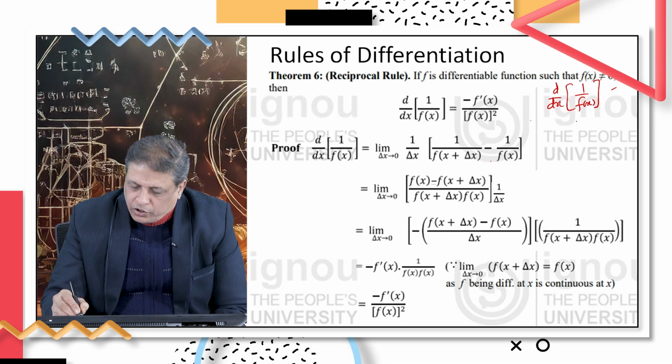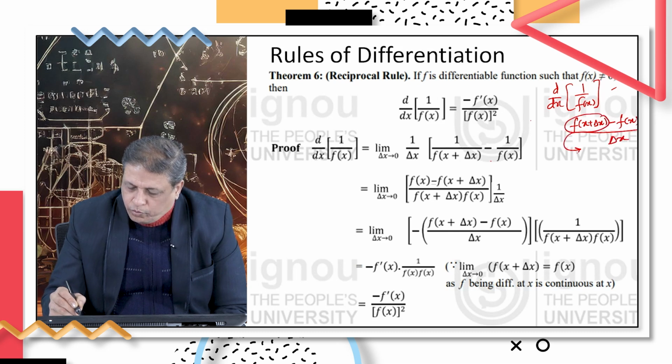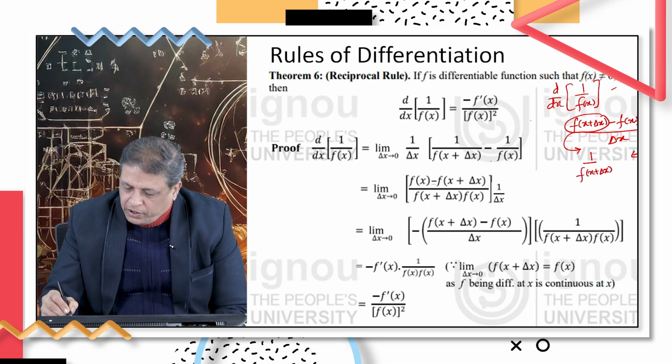So, we are supposed to calculate f(x plus delta x) minus f(x) by delta x. So, f(x plus delta x) will turn out to be 1 over f(x plus delta x), and f(x) will turn out to be minus 1 over f(x). So, these terms are to be divided by delta x. This delta x will appear over here.